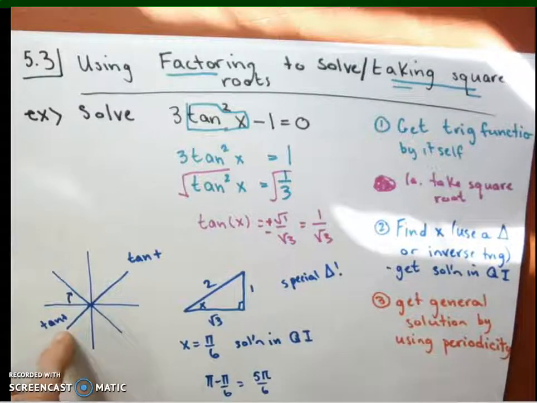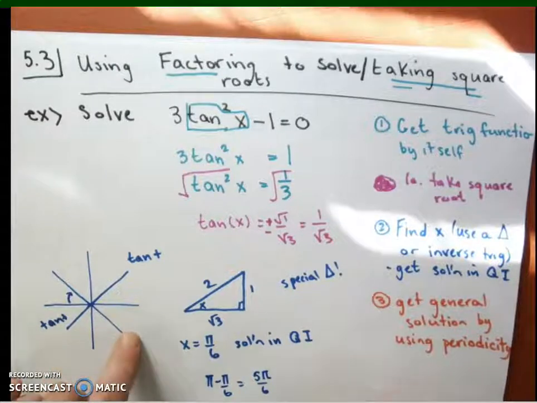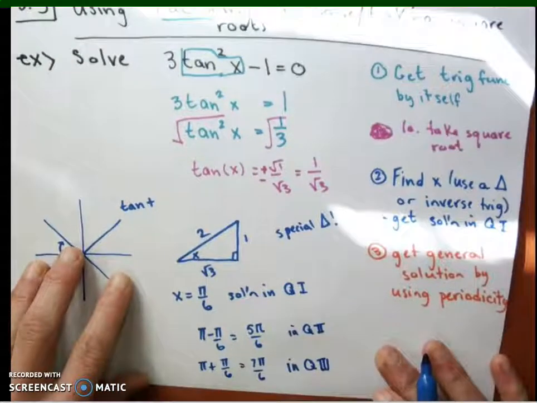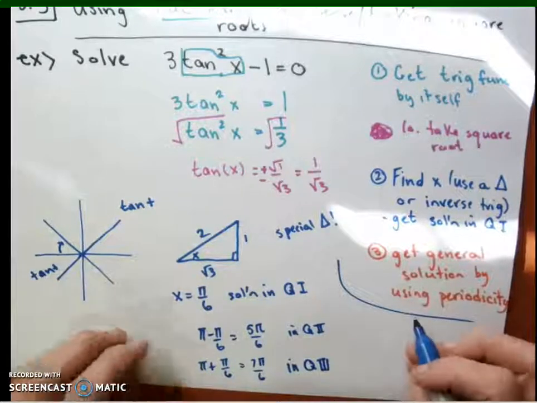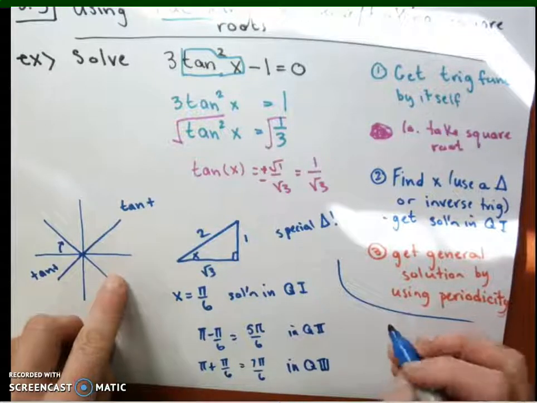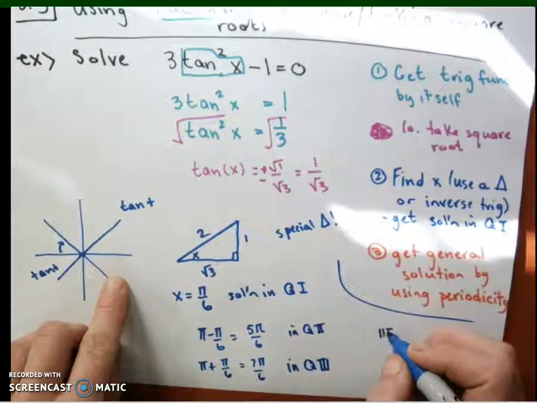And my solution in quadrant 3 would be pi plus pi over 6, which is 7 pi over 6. And my solution in quadrant 4, so that was in Q1, this was in Q2, this is in Q3, my solution in Q4 is going to be 2 pi minus pi over 6, which is 11 pi over 6.